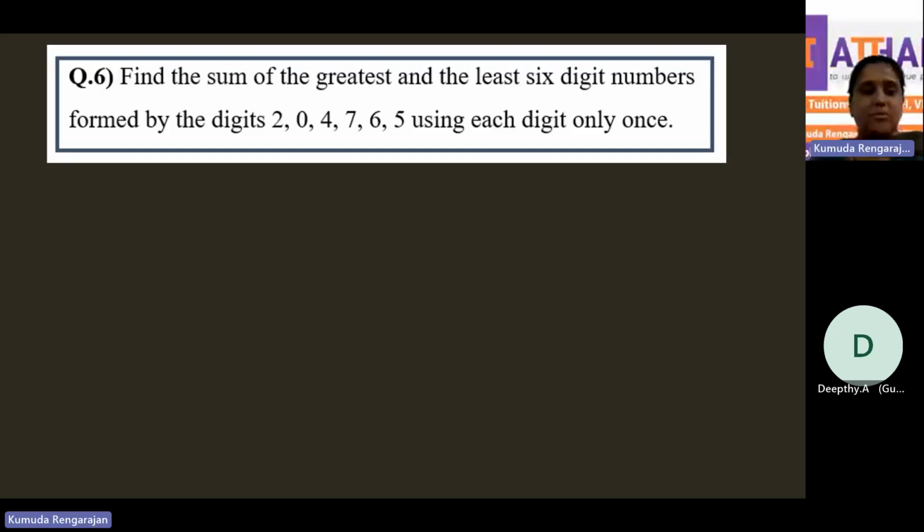Yeah, no problem. We'll do it now. See here. One. Okay, now supposing the question is how many?